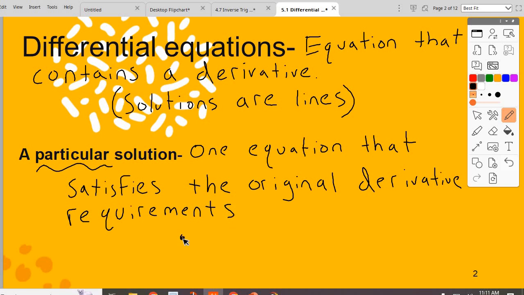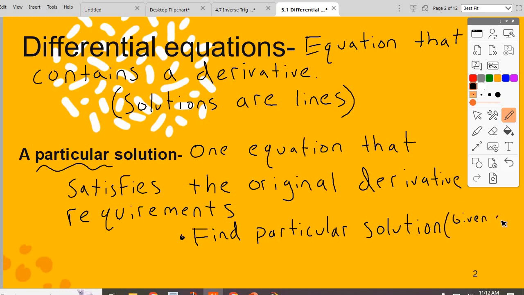We're going to look at this two different ways. One, we will find particular solutions, given a point. So we've looked at some examples of these.